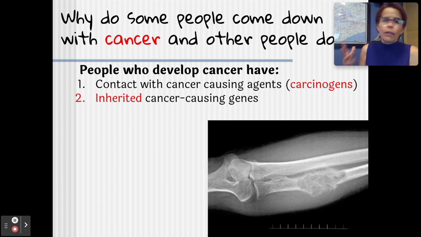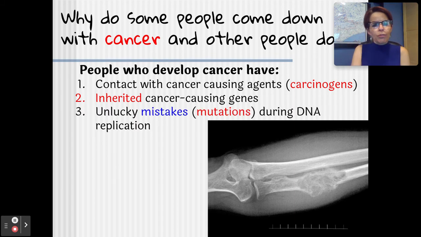You might know that your grandma and a couple of your aunties and your mom had breast cancer. Then that means that they probably have a cancer gene that's getting passed through the family. But the majority of us get cancer because of unlucky mistakes when our DNA is being replicated. Do you remember I said during interphase, the DNA has to be copied, otherwise we'd start running out of DNA every time the cell divided.